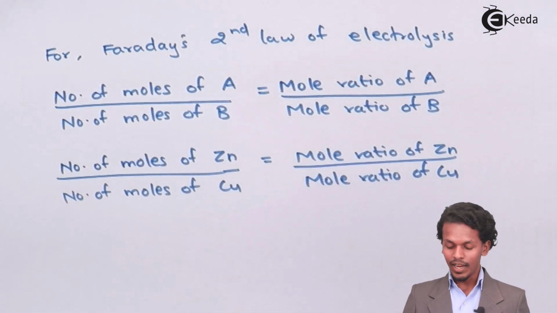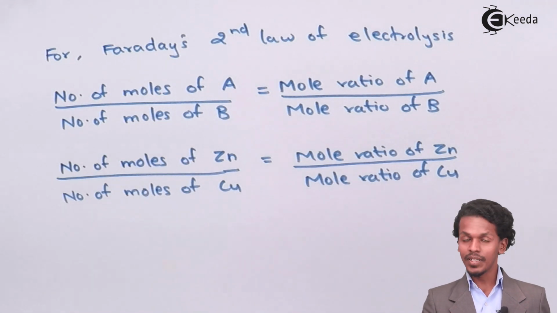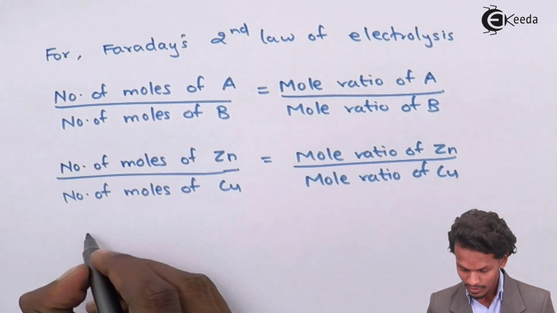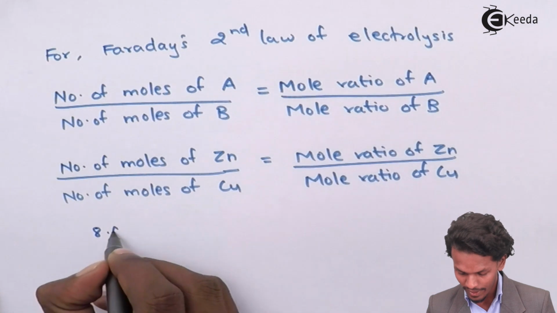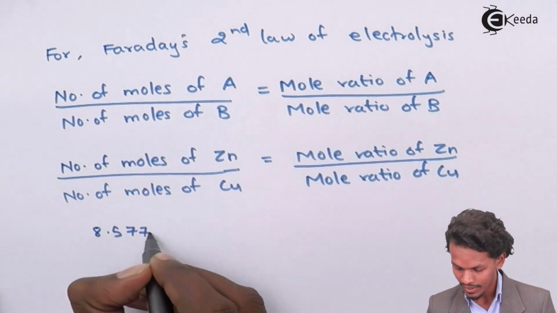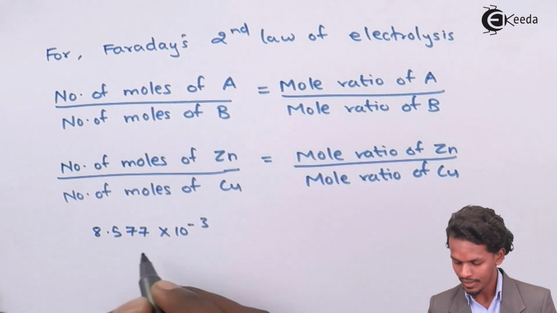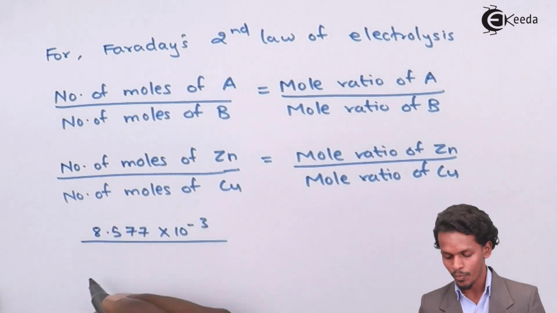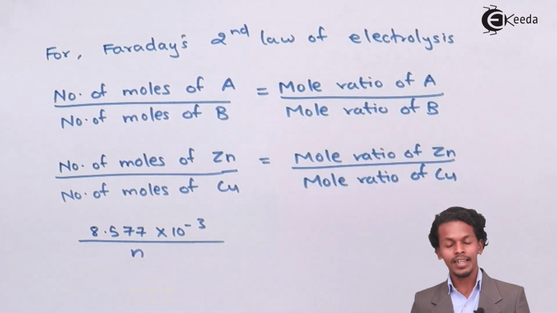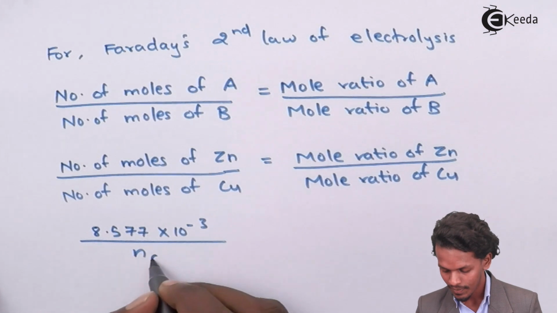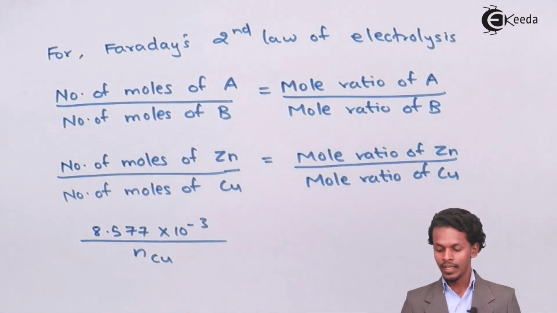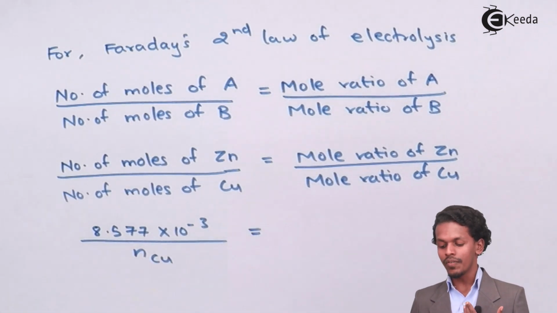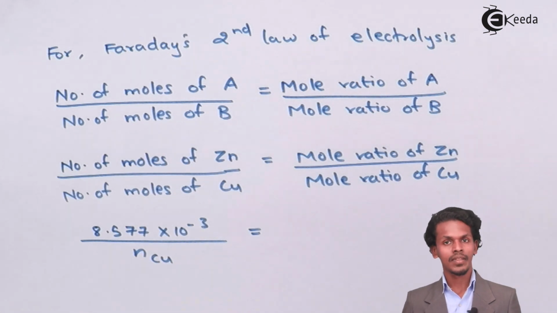In this case, I could write the number of moles of zinc that we have calculated, that is 8.577 into 10 raised to minus 3, divided by the number of moles of copper, N of Cu, which is equal to the mole ratio of zinc that was calculated.